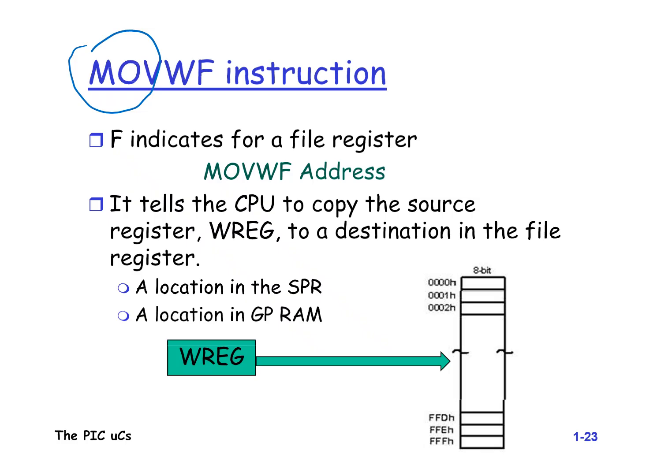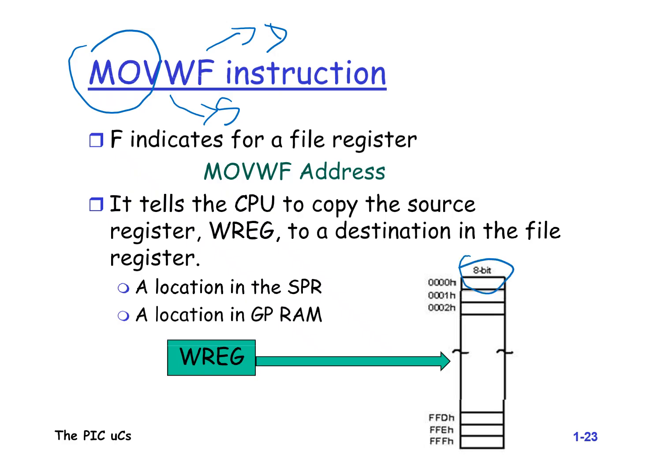Here the F indicates the file register, and what is the direction of information flow? So here the working register is the source and the file register is the destination. So we are going to move the information from the working register to a destination in the file register. In the access bank, the file register is of 128 bytes, and we know that each memory slot is of 8 bits.